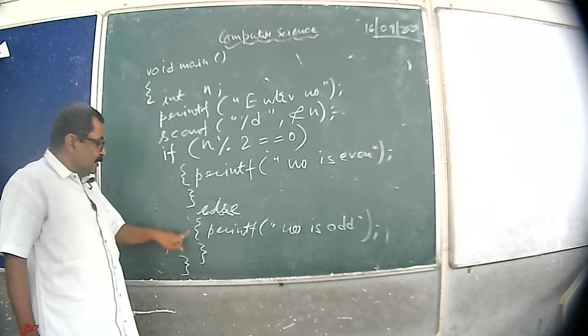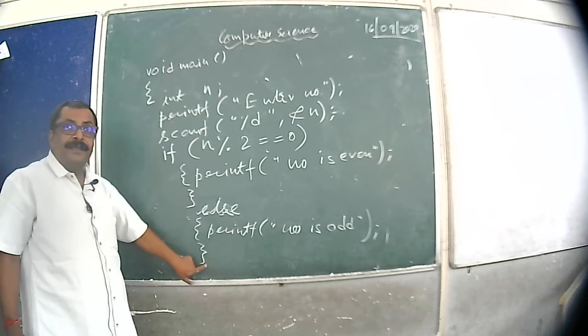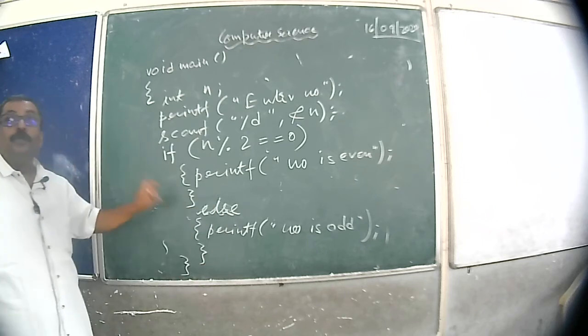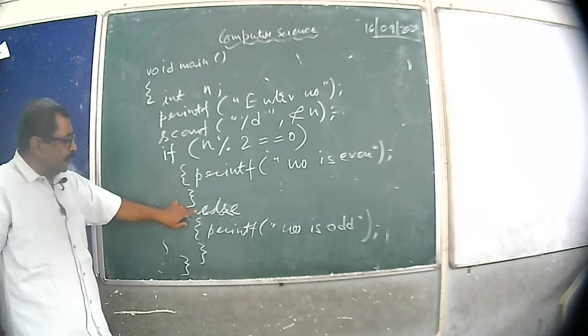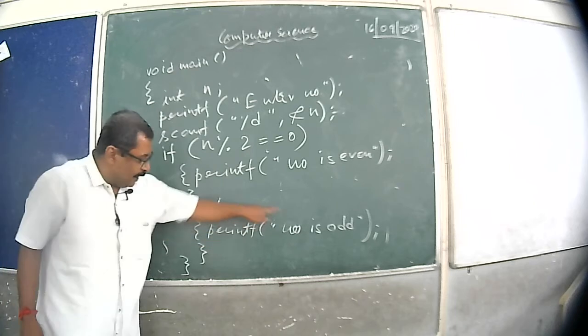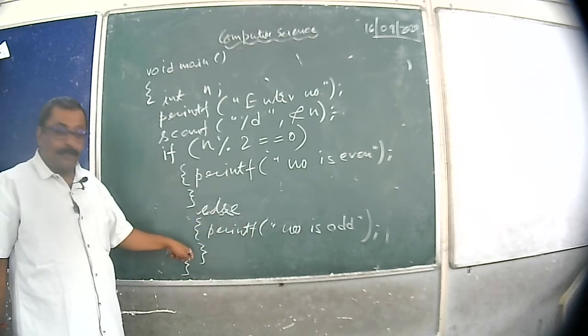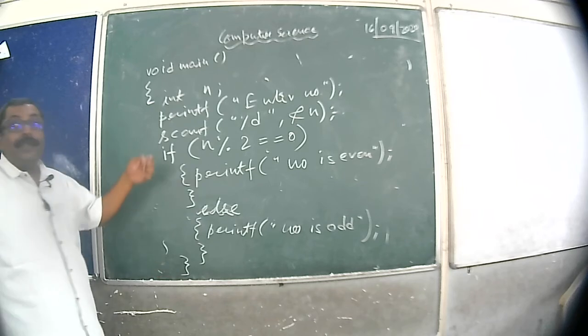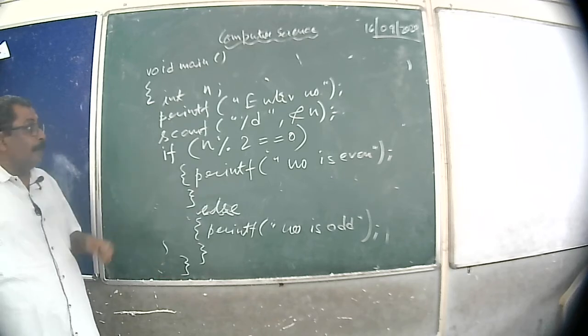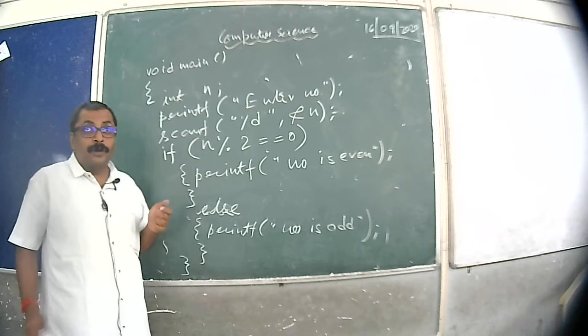After else, they start here and close here. So, when you open one, you should close it. After else, open, statement, and then close, and then the main function is closed. When you execute or run the program, there is one more thing to be noticed.